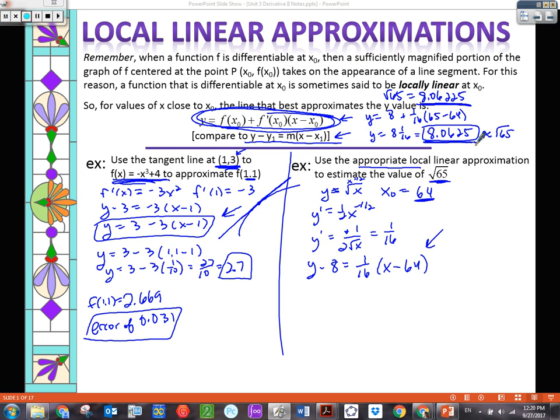We're comparing this number to this number. Wow, this is a much closer estimate, wasn't it? It's a much nicer estimate. So what do we do to find the error? We subtract them. We have our calculators. We're going to subtract them, and we're going to get that the error on this particular one is 0.000, oh that's nice, 242.